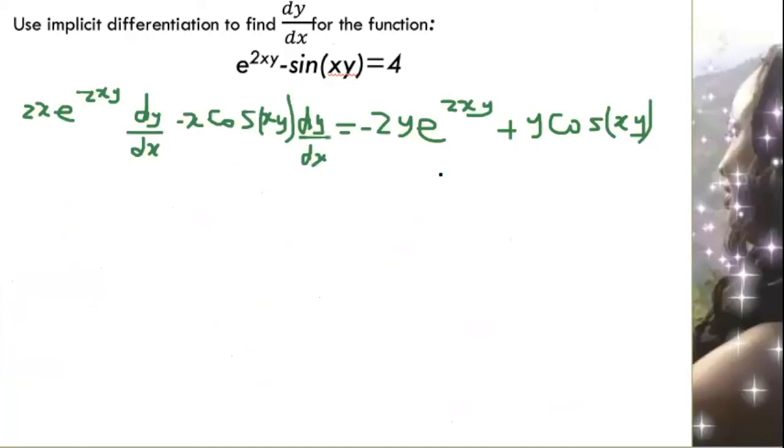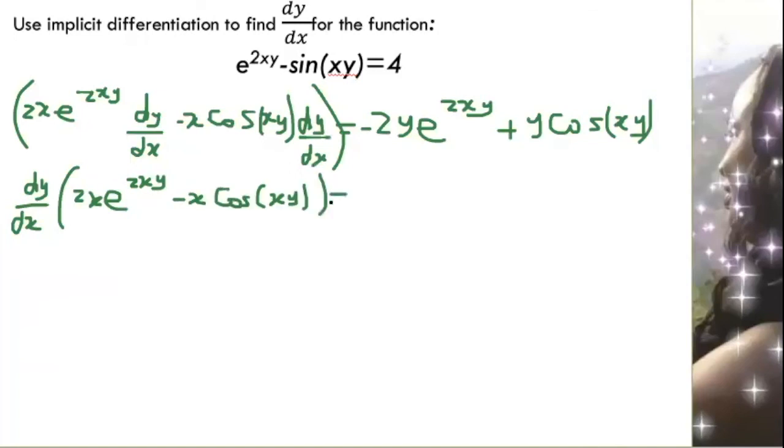Now on my left, I am going to factor out dy over dx, that's common. And what am I left with? 2x e to the 2xy minus x cos xy, equal to, nothing will be done here as yet. We'll leave it as it is.